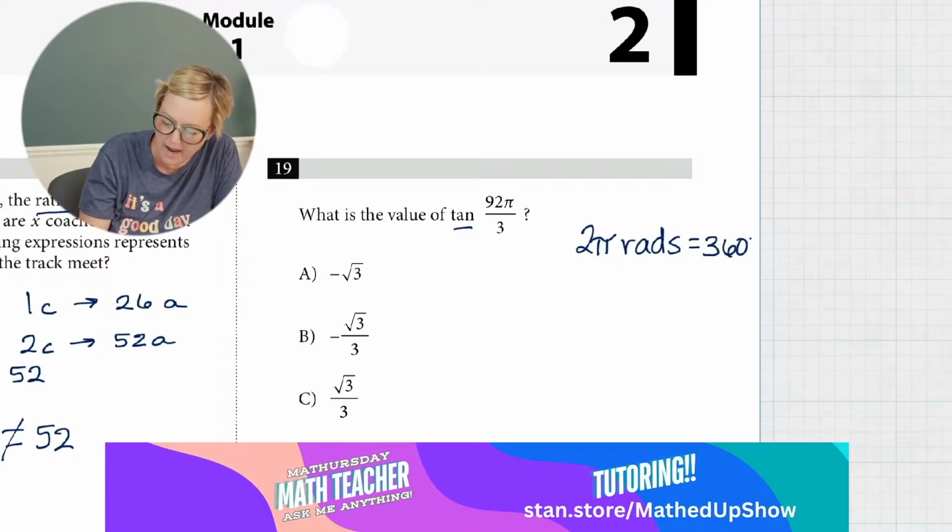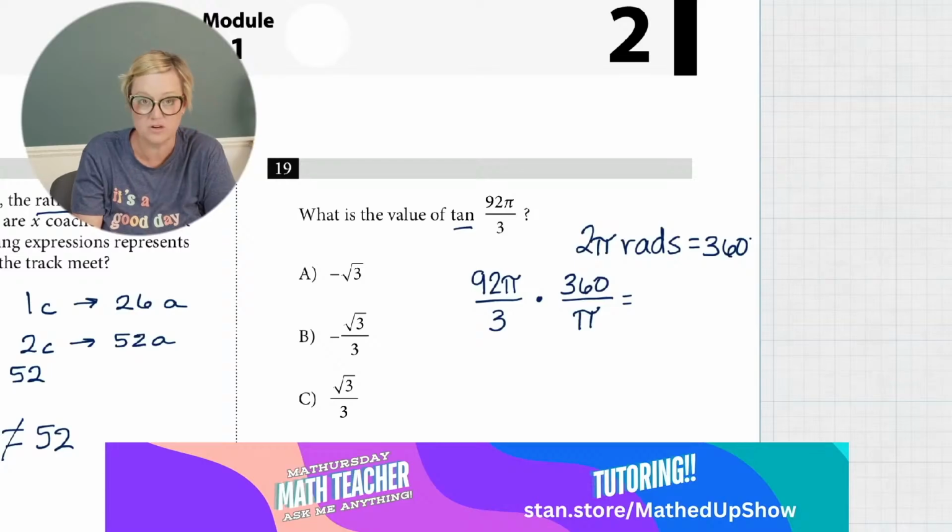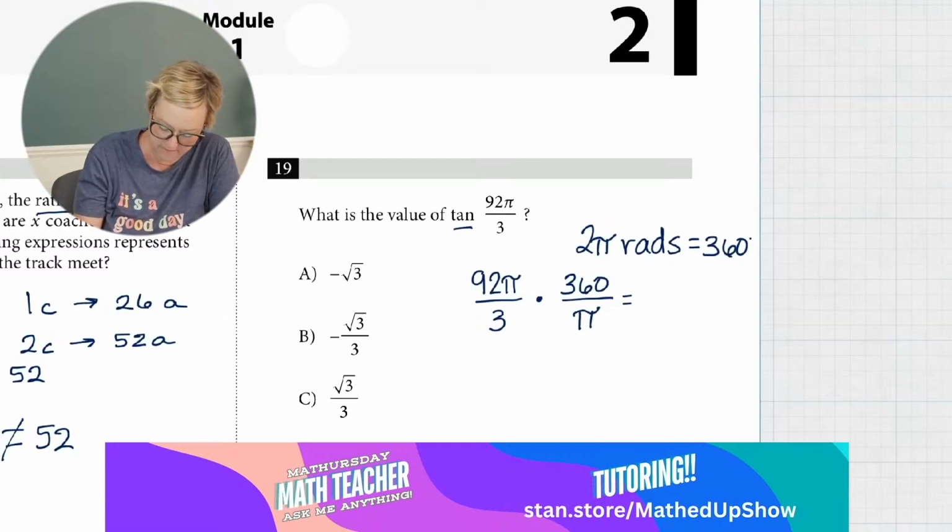So 92 pi over 3, if I multiply this by 360 over pi, that's going to give me my answer in degrees. So I'm going to do 92 times 360 divided by 3, which is 11,040.